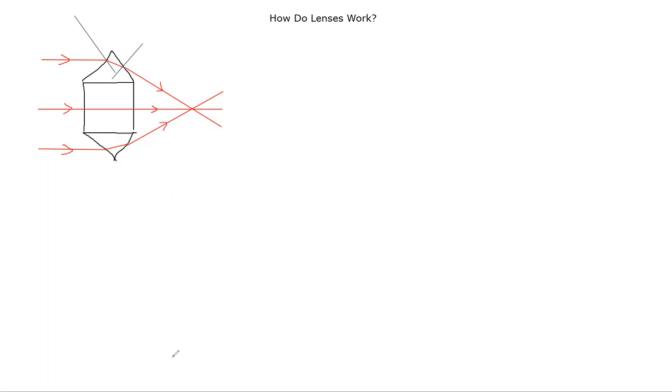So if you had a lens, I'm going to try to draw that. It will be a lens which is thicker in the middle and thinner on the edges. This is called a convex lens.